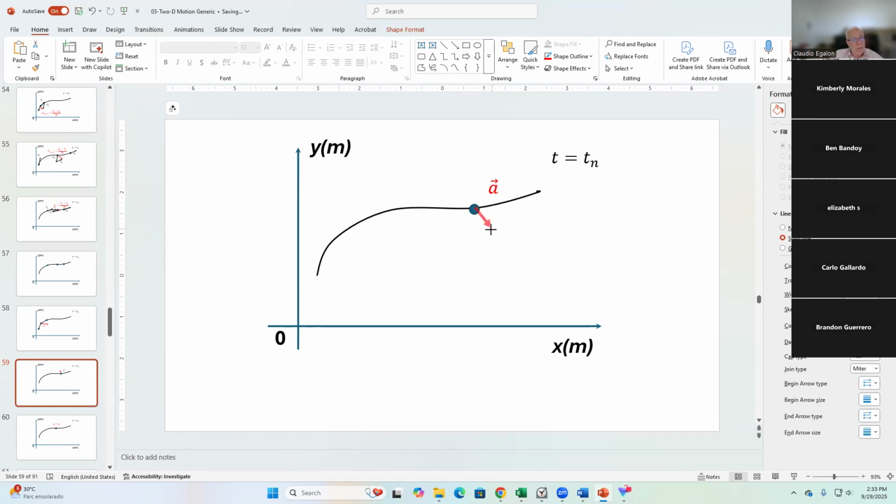What cannot be is a direction like that, away from the concavity, okay? To find out the exact direction, we must have a numerical result to draw exactly the direction of the vector.